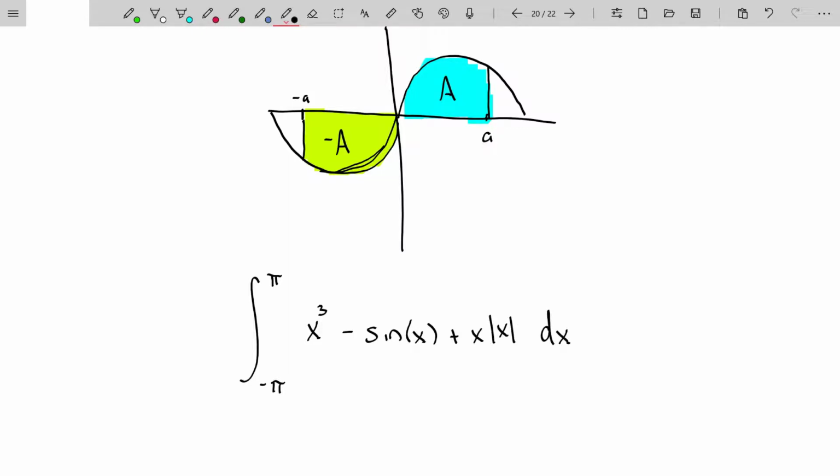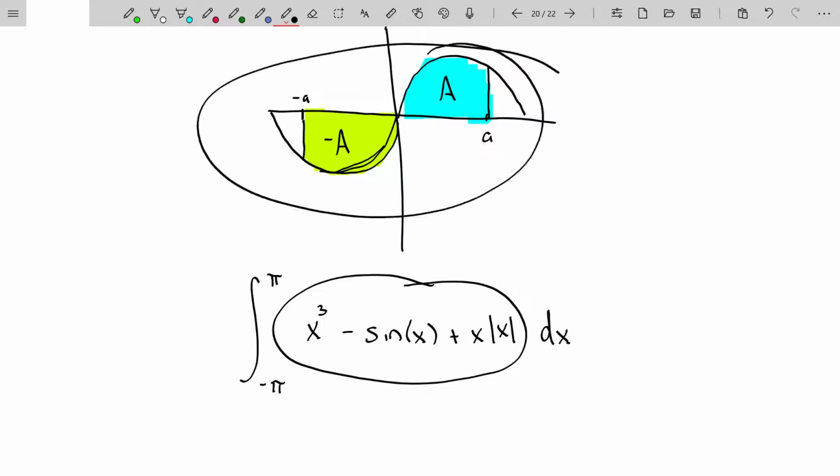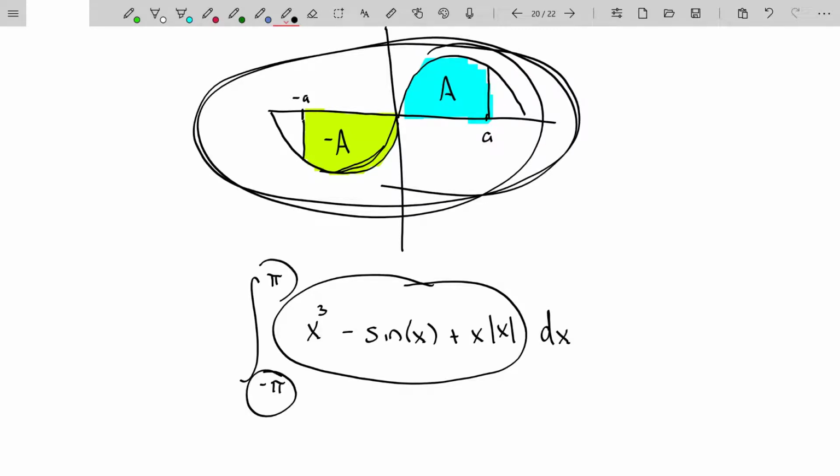Each one of those functions is odd, so the entire function is odd, which means it has this type of symmetry. And you're integrating over a symmetric interval from -pi to +pi. So the negative area will cancel with the positive area, and this will become 0. Very, very fast. A little geometry can move mountains here.